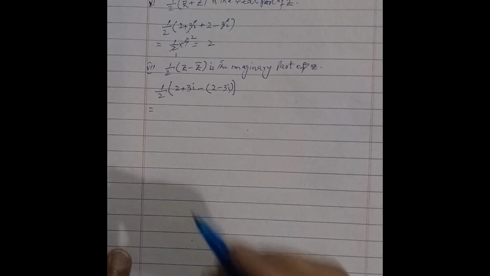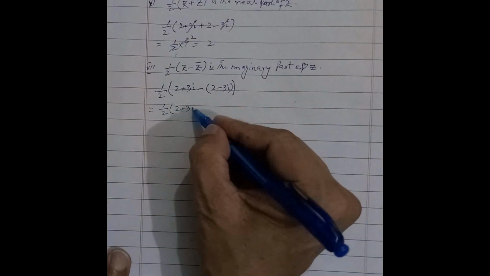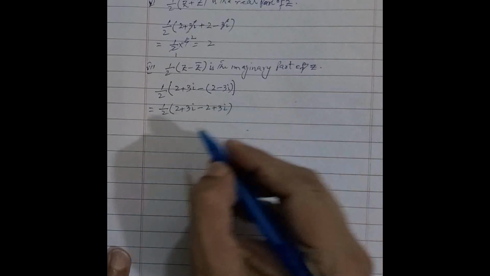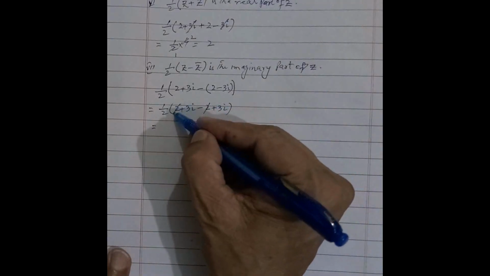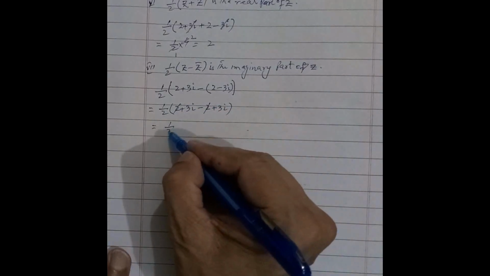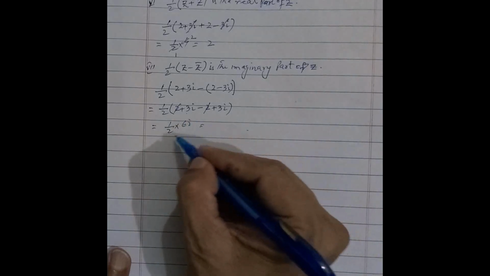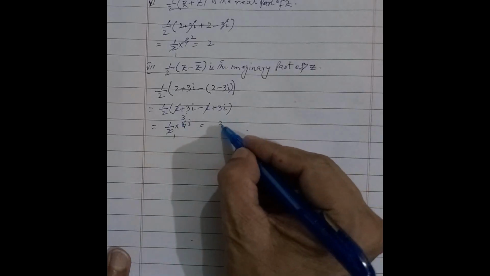Simplify it. 1 over 2 into 2 plus 3 iota minus 2 plus 3 iota. And we then simplify these values. Minus 2 cancels plus 2. We have 1 over 2 multiplied by 3 plus 3, which is 6 iota. And we simplify it: 2 ones are 2, 2 threes are 6. The answer is 3 iota.